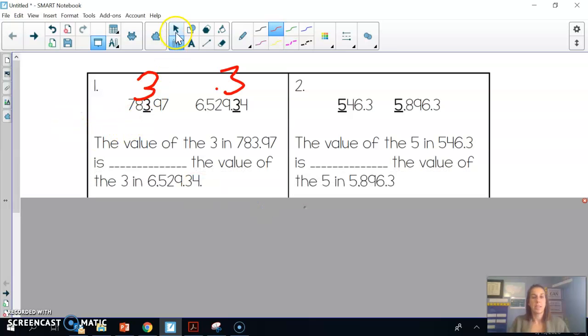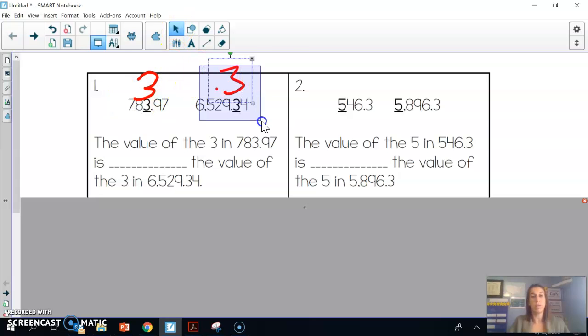It says the value of the 3 in 783 and 97 hundredths is blank the value of the 3 in 6,529 and 34 hundredths. So again, we're looking at the 3. We're looking at the value of this 3 compared to the value of this 3. And in this case, we're looking at the second digit.